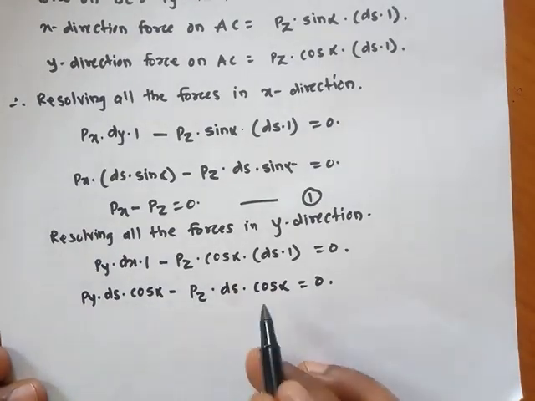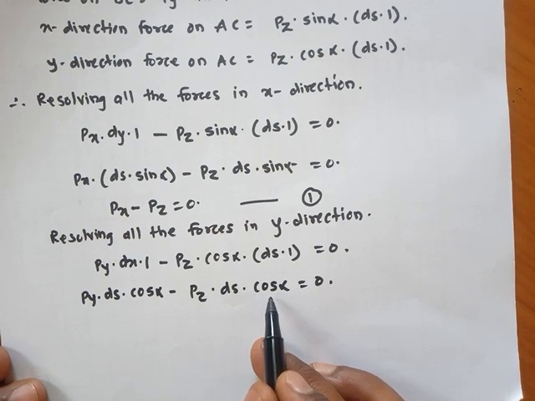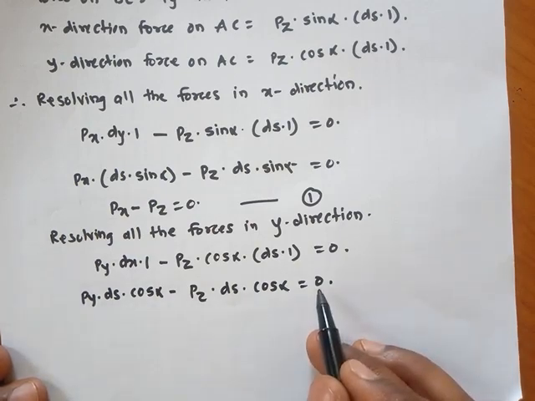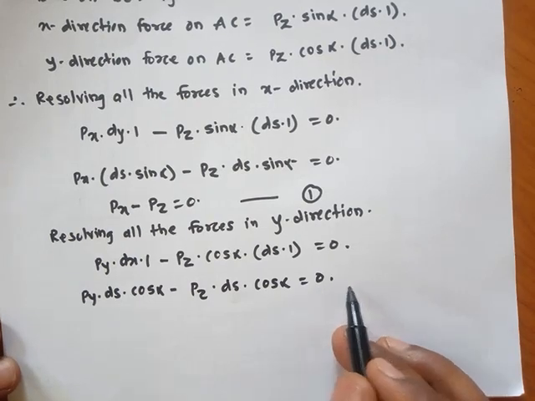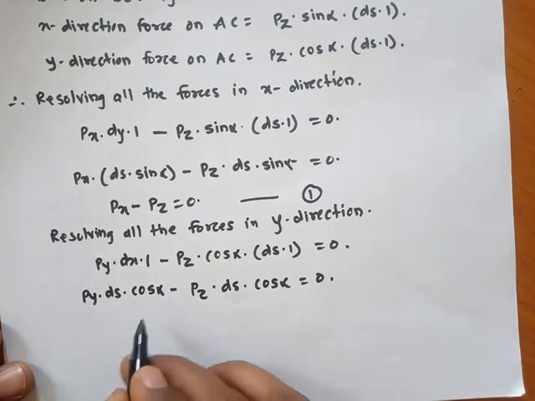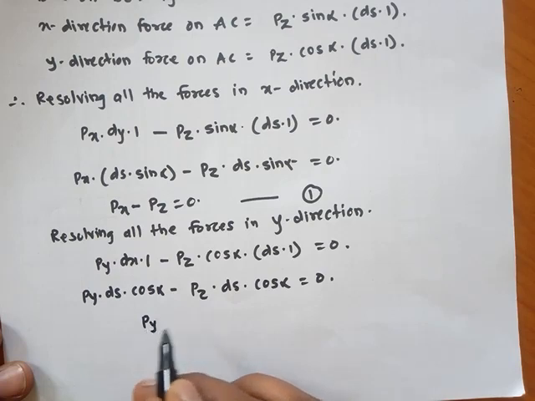Taking cos alpha common, since the right hand side is 0, if you solve this, we have Py minus Pz is equal to 0.